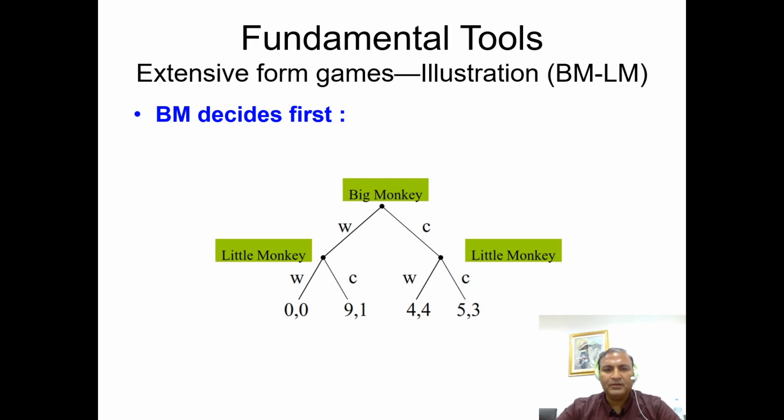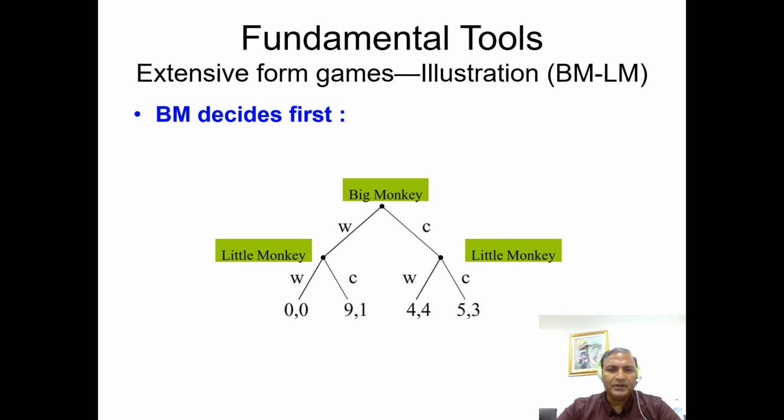Either he can wait, which is represented by W, or he can climb up the tree, which is represented by C. So if Big Monkey decides to wait, then there is a possibility for little monkey to act. So we are on the left side of the game tree. Big monkey decides to wait, and the little monkey now has a choice between waiting or climbing up the tree.